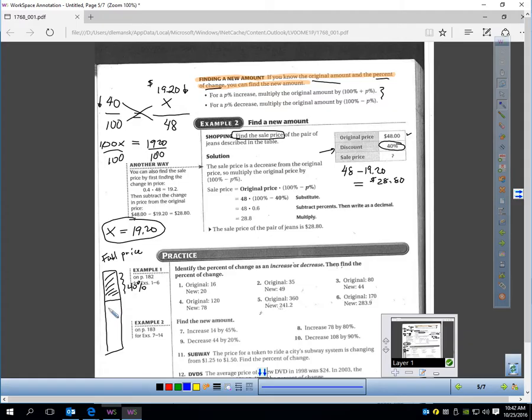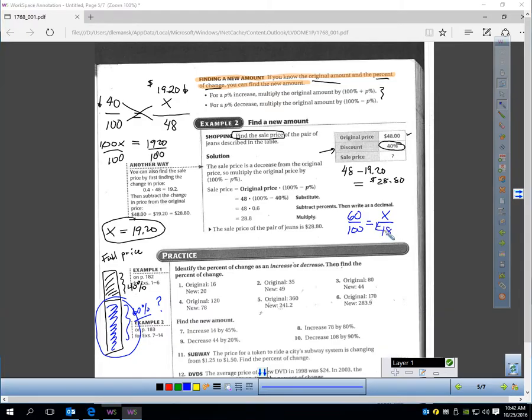If I take off 40% of the price, I'm really paying 60% of the original amount. Does that make sense? I could have set up my proportion and got the answer right away if I would have done 60 out of 100 equals x over 48. There's my original price at 48. I'm paying 60% of the original 100%, and I want to know what that is. When I cross multiply and solve, I'll get $28.80.